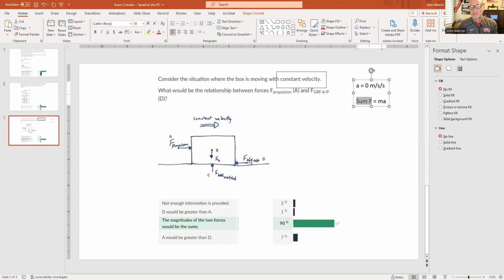And vice versa, if I say the object's slowing down, well, now this resisting force needs to be greater than the propulsion force in order to get some negative acceleration. All right, so again, good to look at the question, make sure that you understand this question, but then think ahead to the final where I would just need to change this phrase here or change the description of the magnitude of the propulsion force relative to the magnitude of the resisting force.